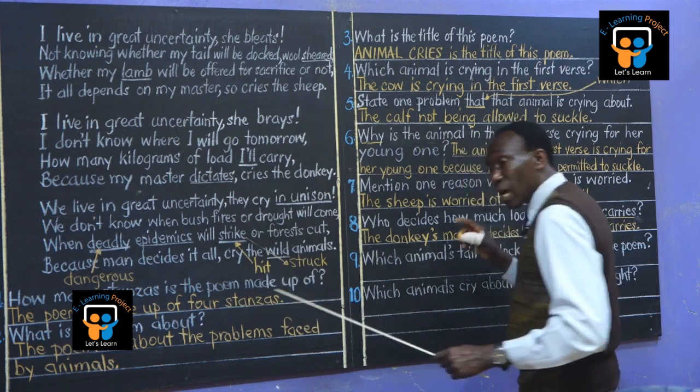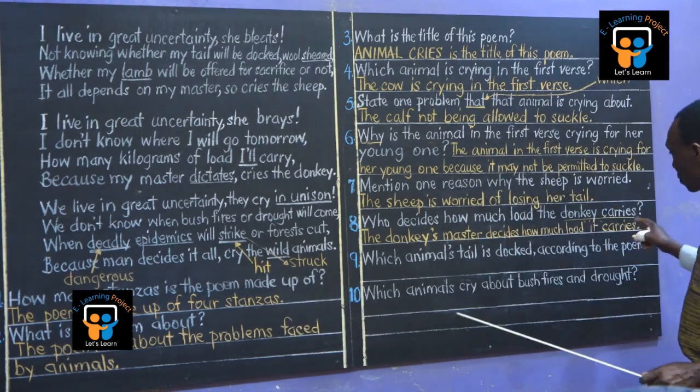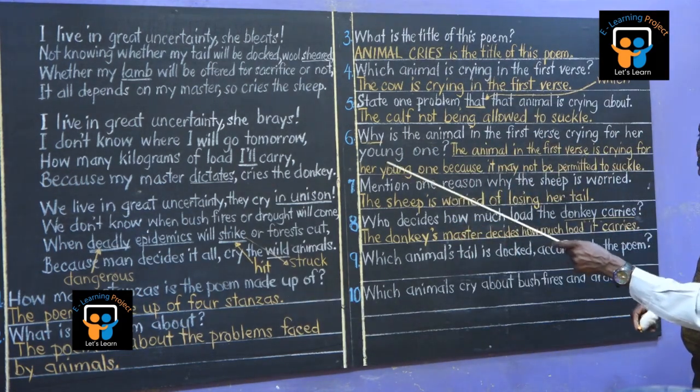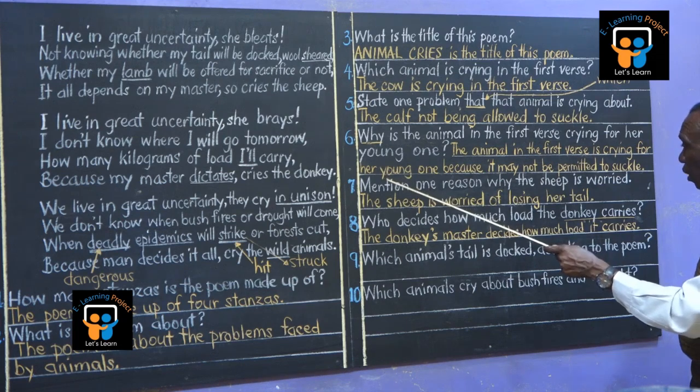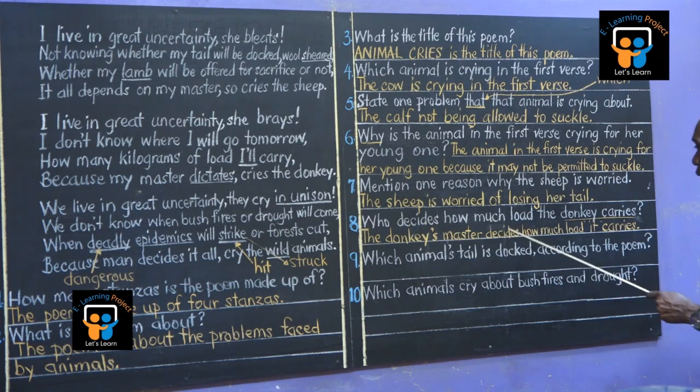So you must answer according to the tense. Carries, not will carry. That is future. So here, who decides how much load the donkey carries? Don't say that the donkey's master decides how much load it will carry, because in the question, there is no will. So always answer according to the question.